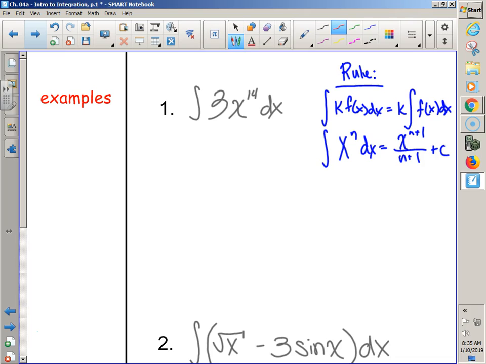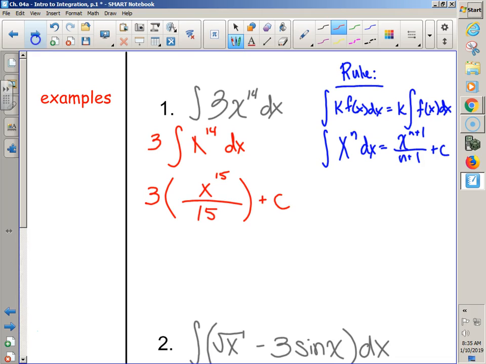First of all, I can say, hey, number 3, coefficient 3, let's pull you out. Step number 1, pull them out. Step number 2, 3 times x to the 14th had to come from x to the 15th, but if I take the derivative of x to the 15th, isn't it 15 x to the 14th? So divide by 15 and then maybe you're good.